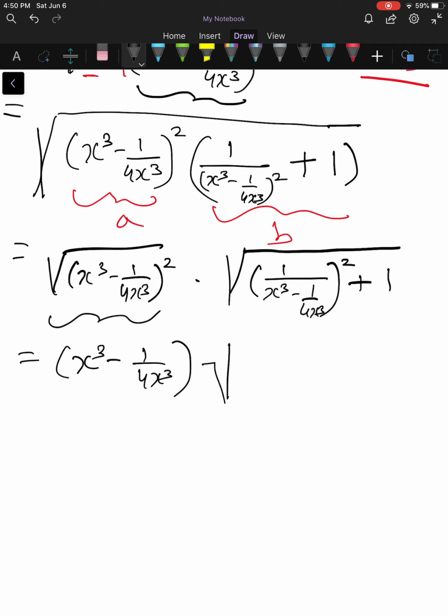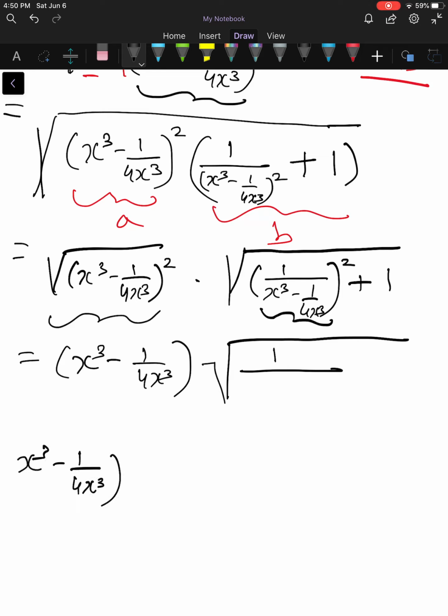And what we see here, we need to simplify this. This is again a compound fraction. Let us simplify the denominator first. So consider (x³ - 1/(4x³))². So how do you simplify that? Take LCM of the expression inside the brackets, that would be 4x³. So if you multiply 4x³ with x³, because denominator is 1, that is the thing that you should multiply to get the LCM.